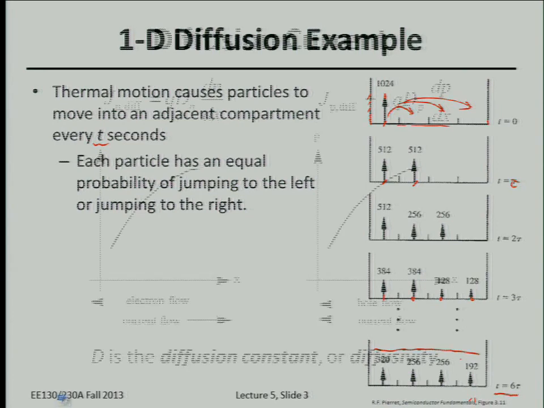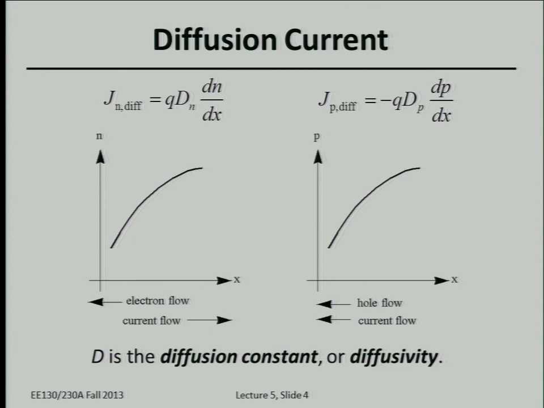So diffusion is something where initially you have a very non-uniform profile, but due to the thermal motion, after a sufficient time most of the carriers just move from the high concentration end to the low concentration end, okay?